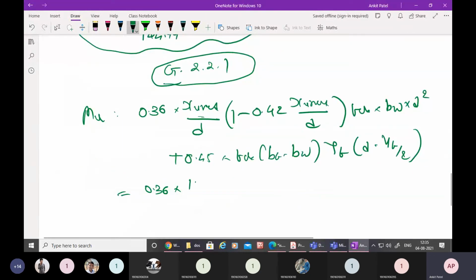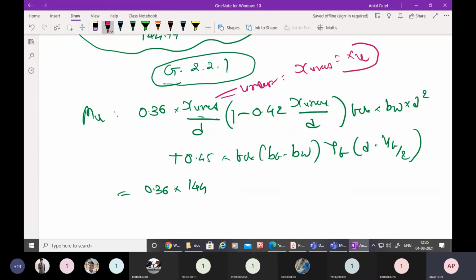So I'm going to use 144 directly, and I'm going to make a note: this is an under reinforced section, so you need to replace xu max with xu, and now use xu equal to 144.94.